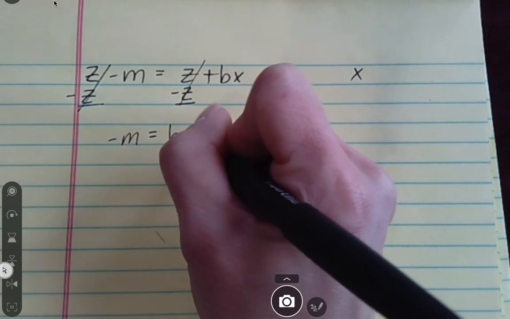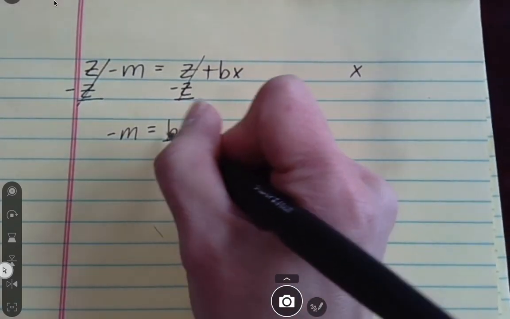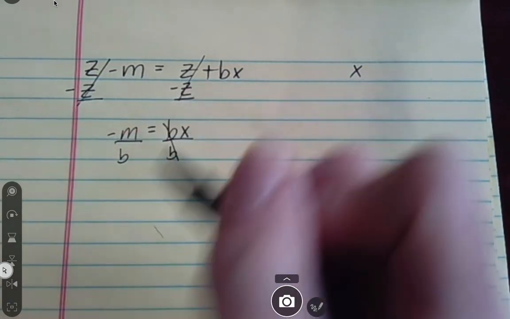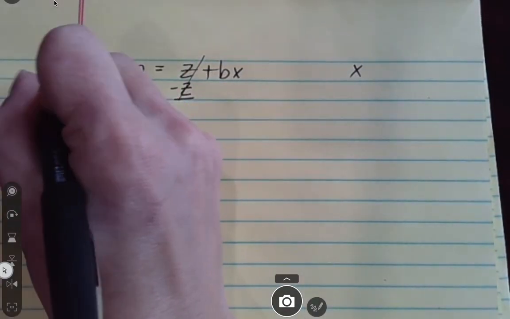And then bx. Is there still something with the x? Yes, the b is. So it's being multiplied. So what's the opposite of multiplying? Divide by b. Negative m divided by b. And that is answer choice C. So that one was number 15.